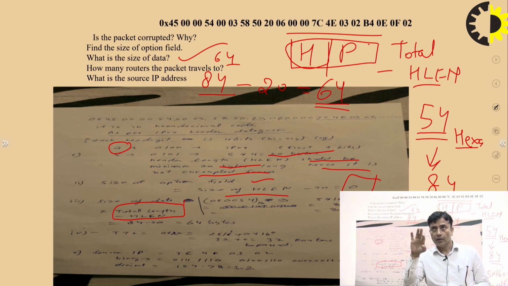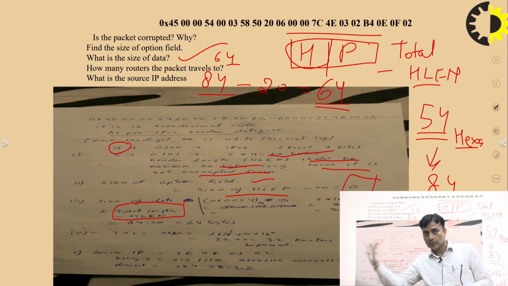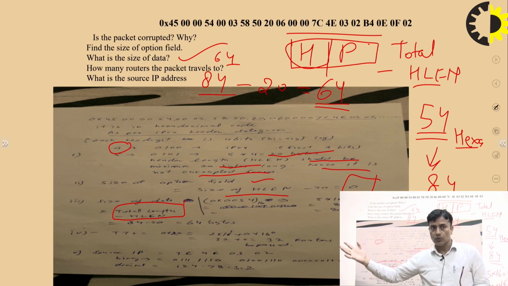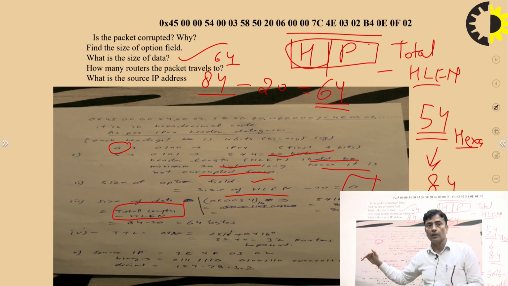So the TTL field is 4. Whenever the packet passes the first router, the value will be 3, 4 minus 1. Then it passes the second router, the value will be 3 minus 1, 2. From this point it can traverse up to 2 more routers. When it traverses the third router, the value will be 2 minus 1, 1.